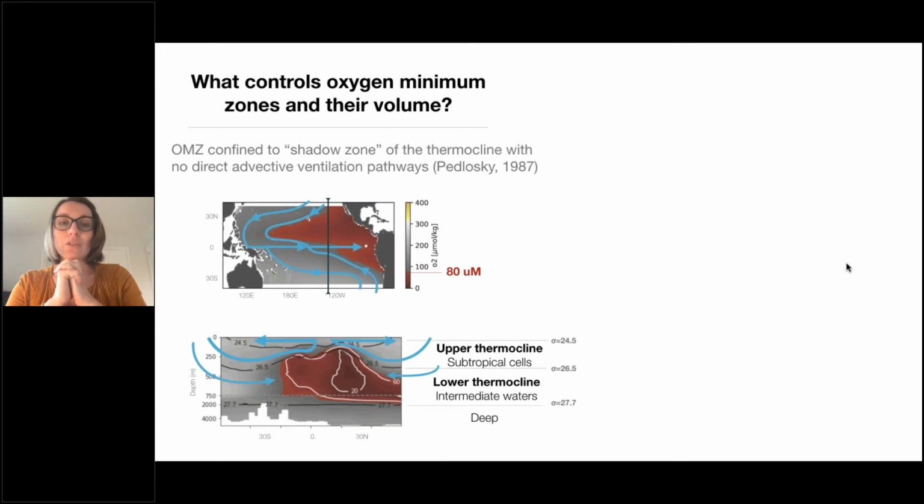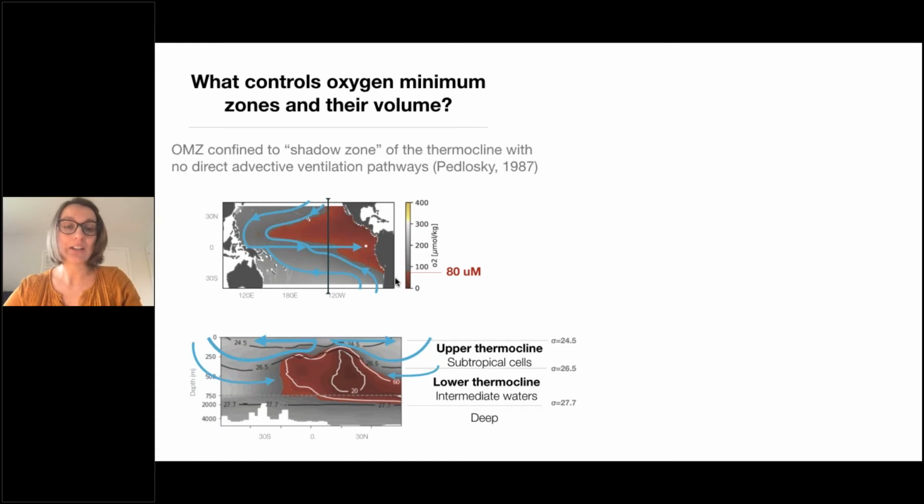So what controls oxygen minimum zones and their volume? This is a map of the oxygen minimum zone in the Pacific. You see in red the oxygen minimum zone in the thermocline, and in blue the advective pathways, the transport of the thermocline, the ventilation by the ocean circulation.